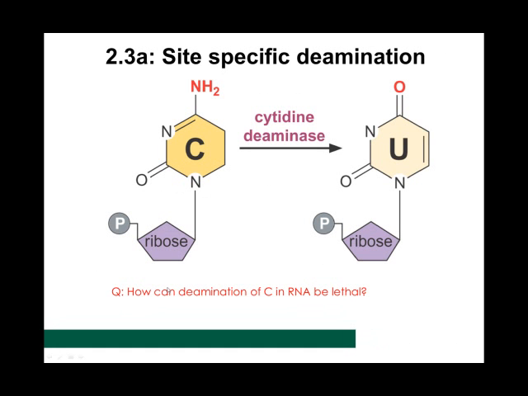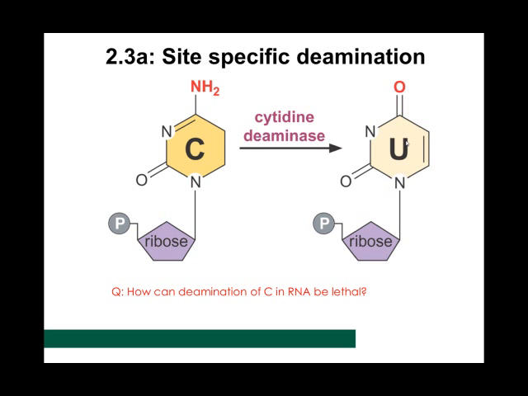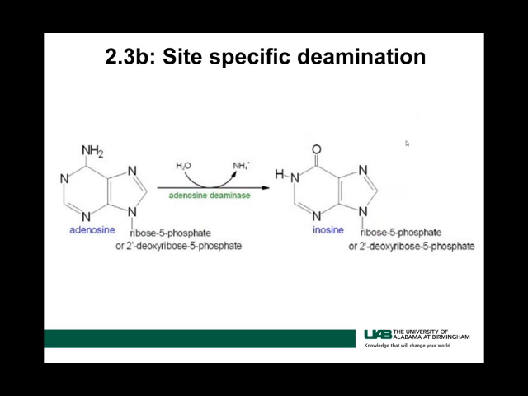Okay? And again, this is deamination of cytosine to uracil right here. This is, again, just a reaction, deamination of cytosine, and deamination of adenosine to inosine. So deamination occurs not only for cytosine, but it can occur for adenosine as well. So there are a lot of changes that can occur through deamination.